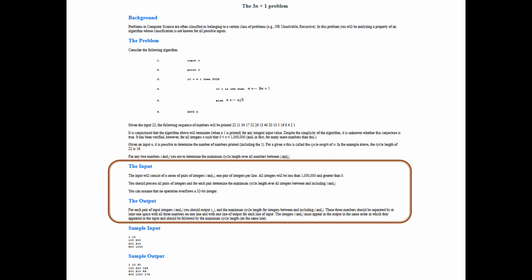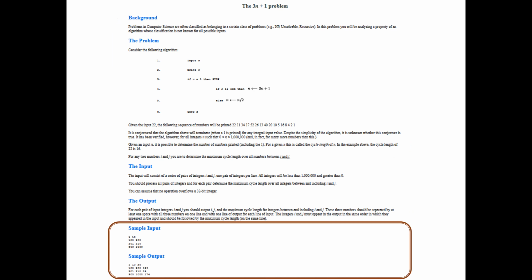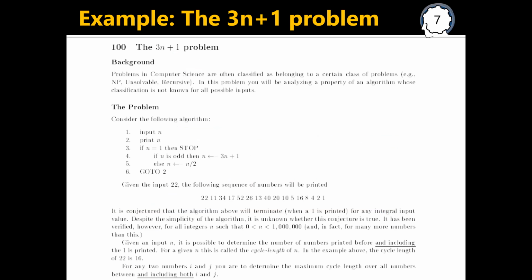So if there should be an extra empty line at the end of the output, even though that's not very common anymore, then you should actually have an empty line at the end of the output. Otherwise, it might be considered incorrect. And then these examples will be very important, both to test your own understanding of the problem, but also to test your potential solutions to the problem. So these are really important.